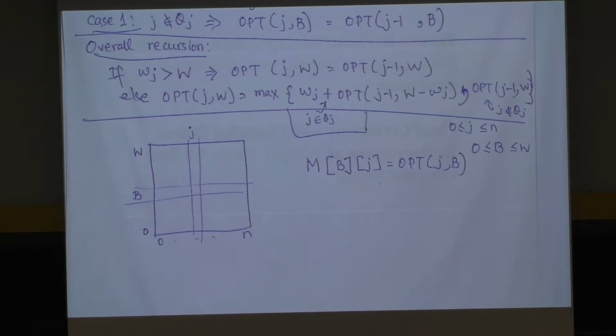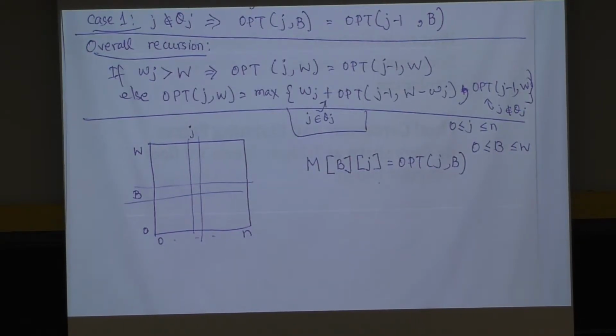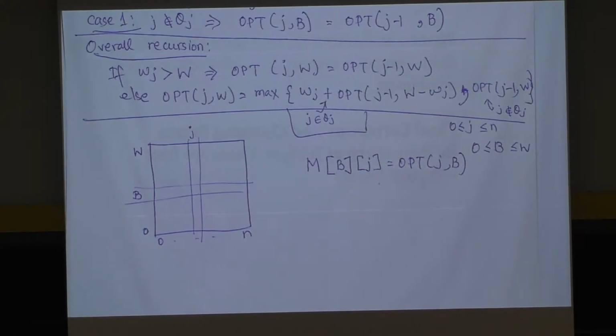And the idea ultimately is we want to fill in this entire matrix. That's what the algorithm will do.